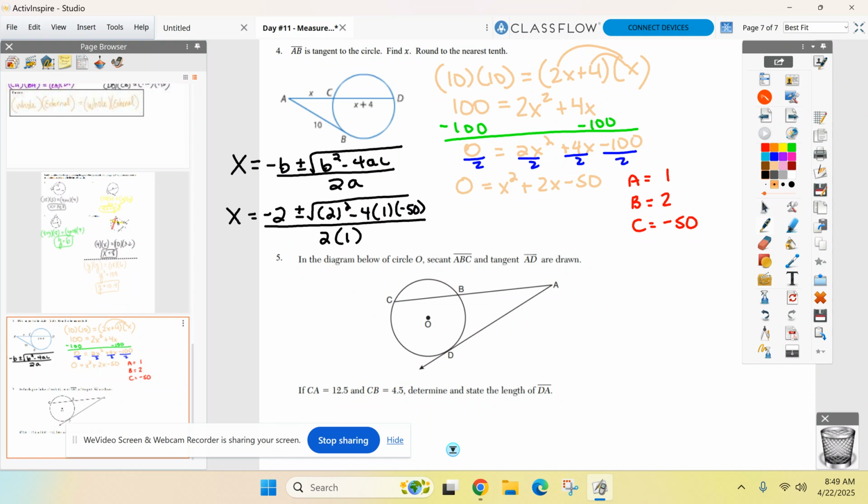As you're typing it in, a reminder: your calculator does not have a plus or minus. So you're going to have to put the plus or the minus first, write down the answer, copy it again, and then put the plus or minus back in.